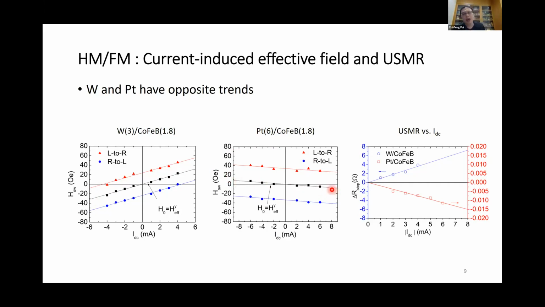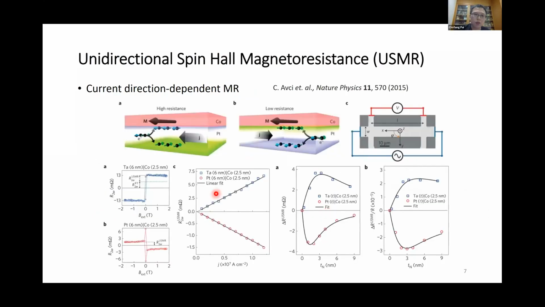So we believe that this shift of the AMR loop, or this effective field, originates from the spin-orbit coupling in the platinum or the tungsten layer. And the USMR also has the same linear trend as I mentioned earlier. In the platinum case, it also has a negative slope, and the magnitude of the USMR in the platinum case is also smaller, which is consistent with the result from Dr. Avci.